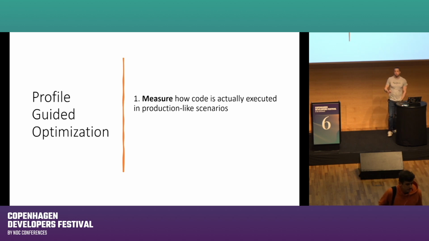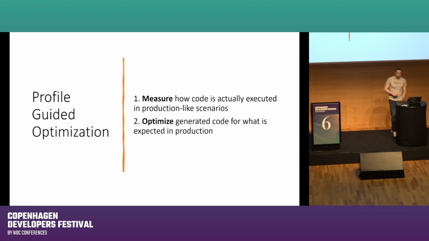And this measuring means which code blocks are executed. Like if I have an if, what is the likely execution path? If I have a method that gets passed only interfaces, what are the actual types that come into that method? And based on that, I can then optimize the generated code for what I actually need in production. And that can be really a lot quicker.